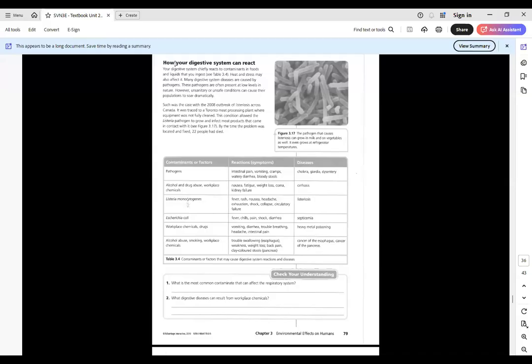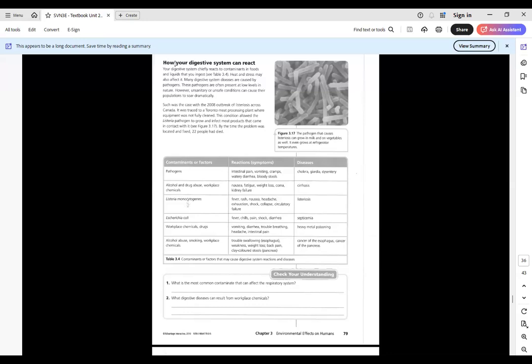Okay, the contaminants or factors are listed in table 3.4, the reactions or symptoms that you get from that contaminant, and then what you call the disease that causes that. Okay, a pathogen can cause intestinal pain. That means pain in your gut, vomiting, throwing up, cramps, diarrhea, bloody stool. Stool is feces.